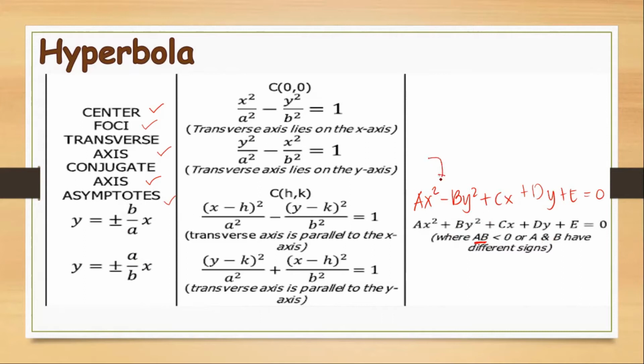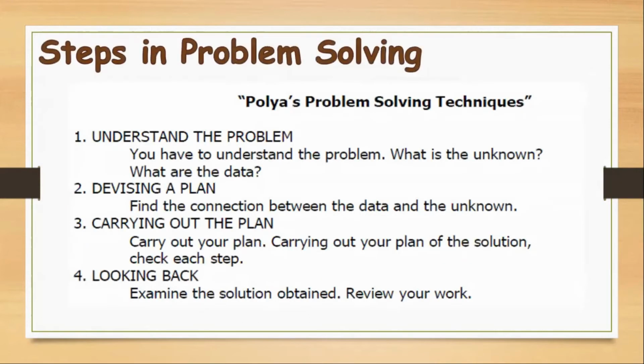So I have expressed it here in different signs, and this general form is expressed with the same sign. But take note that your A and B must have different signs. Or you can write it that way, above. Okay, so that will be the general form of the equation of your hyperbola.